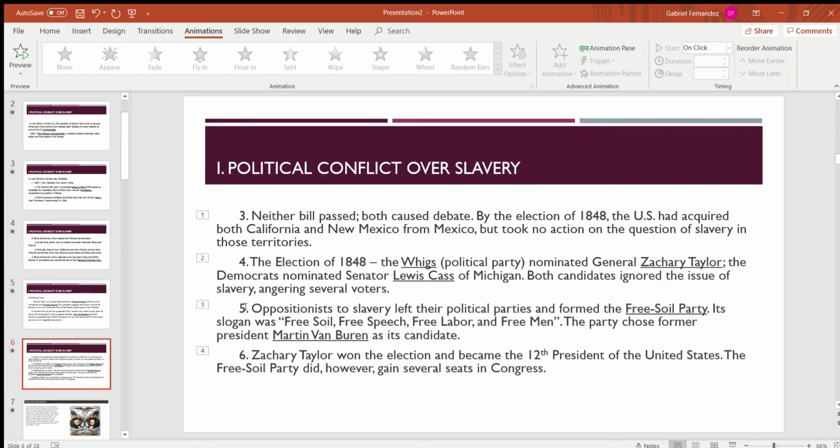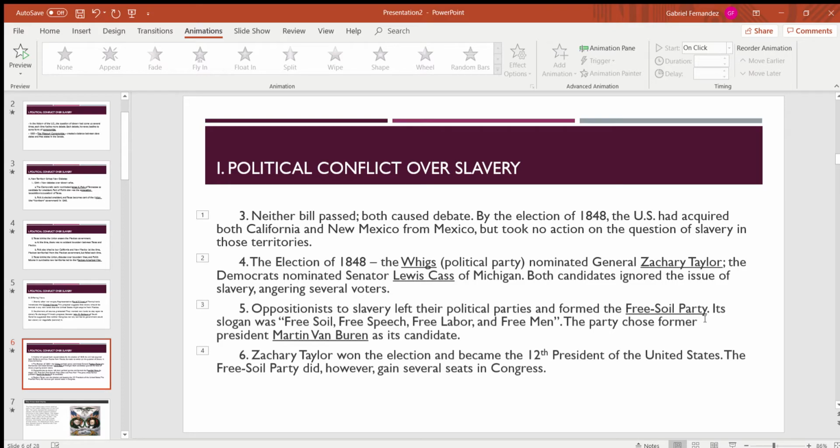So what happened was this. Opponents of slavery left their political parties, several people out of the Whigs, several people out of the Democrats. They ended up forming their own political party called the Free Soil Party. Its slogan was free soil, free speech, free labor, and free men. The party chose former President Martin Van Buren as its candidate.